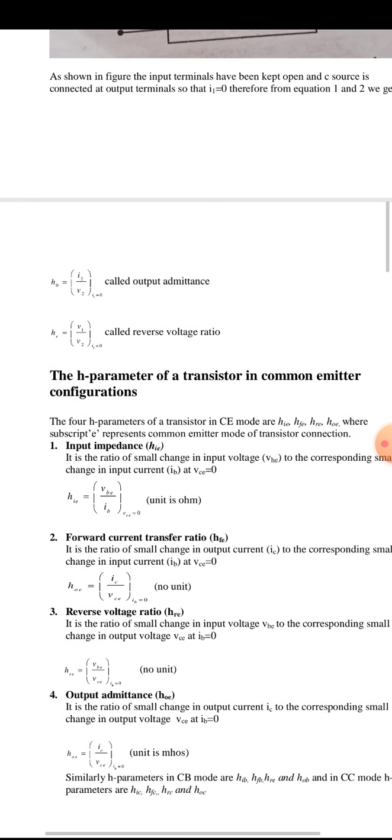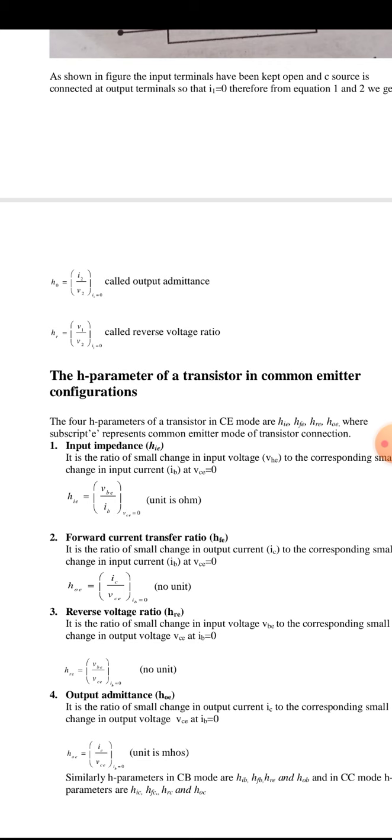Then the second parameter, forward current transfer ratio. For this, the output voltage is shorted. Output voltage shorted means the voltage between the collector and emitter is equal to 0.